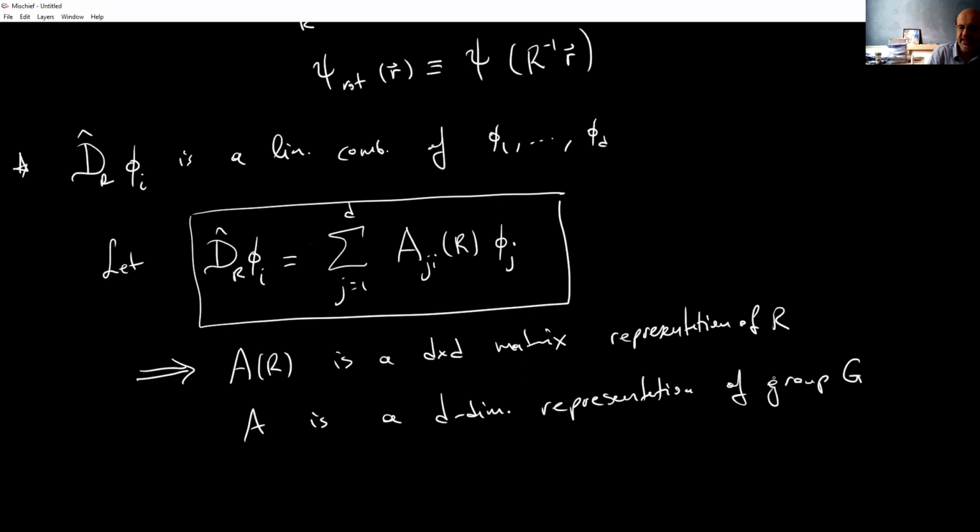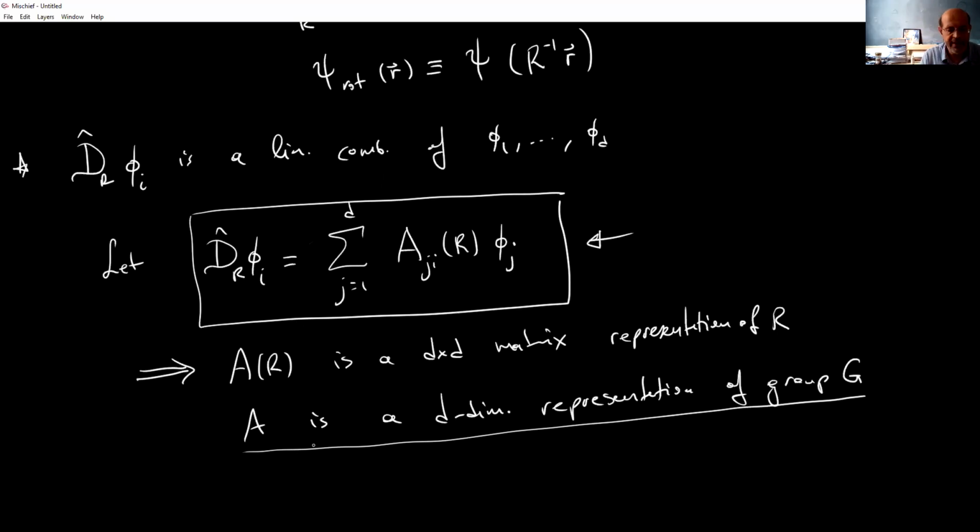G is a subgroup of O(3), but O(3) does not have this property. So it's only the rotations within the symmetric group that have this property, right? Because of that, we basically have the representation of the symmetric group only.